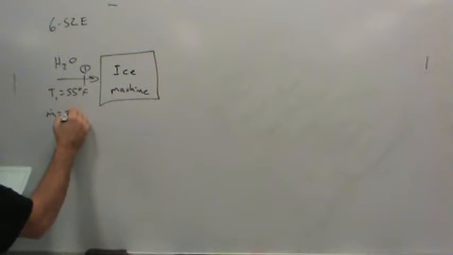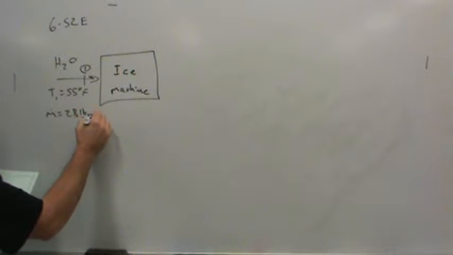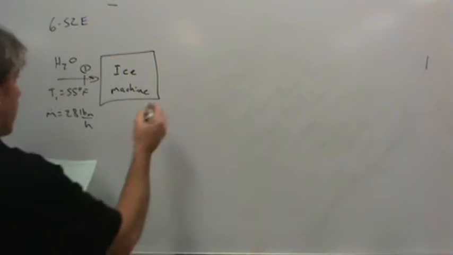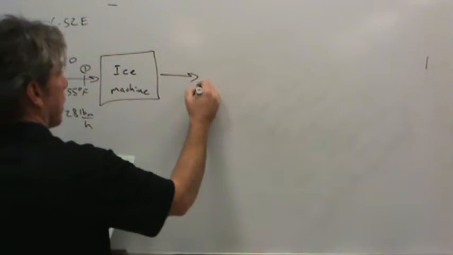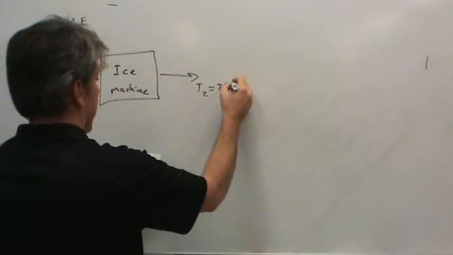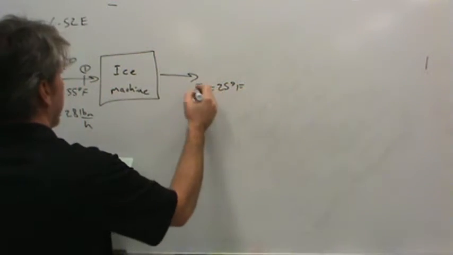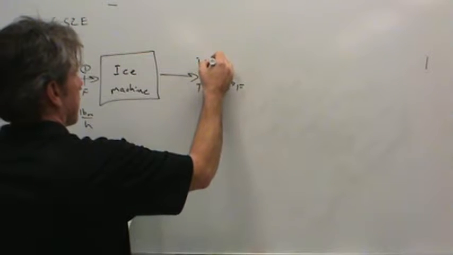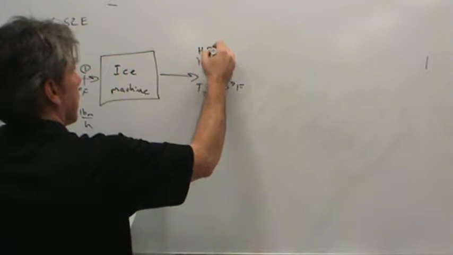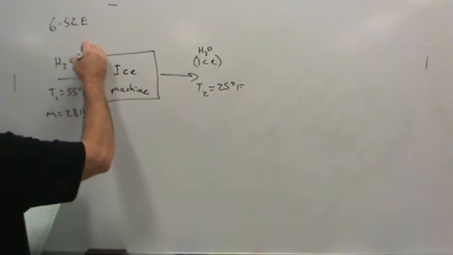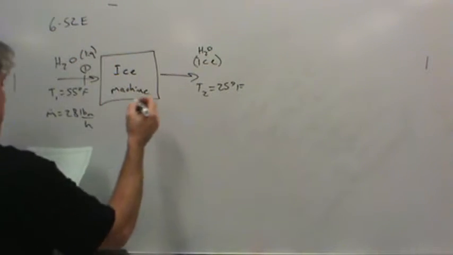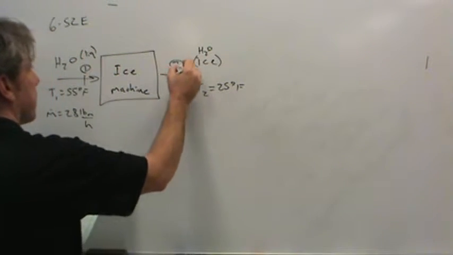Rate 28 pounds per hour come in. The water has to leave at 25 degrees Fahrenheit as ice. It's still water, but now it's in a different phase. So this is the liquid phase here. Okay, I'll call this state 2.